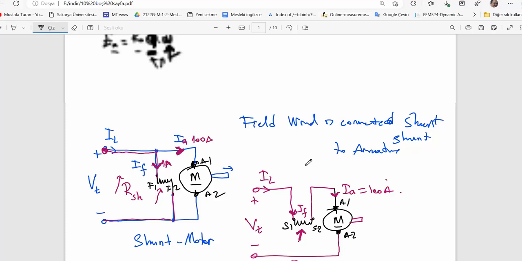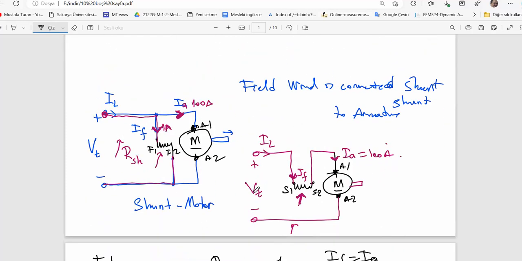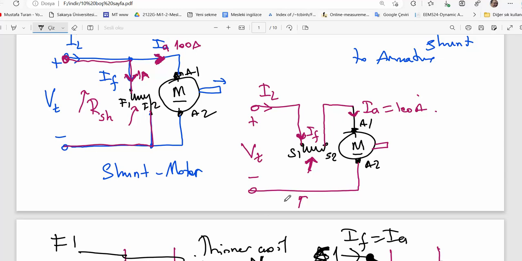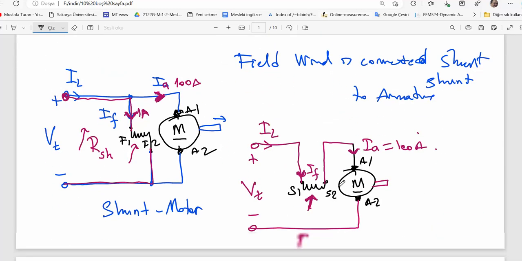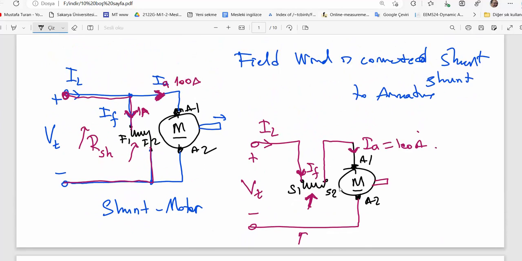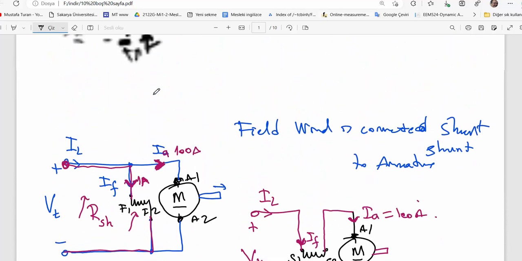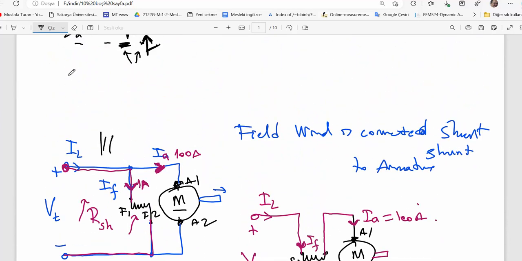As you understand so far, the machine will have different connection types, so applying Kirchhoff's voltage law and current law will give different results. Related to the connection diagram, the equivalent circuit will be a bit different. For example, for this you can make an equivalent circuit.